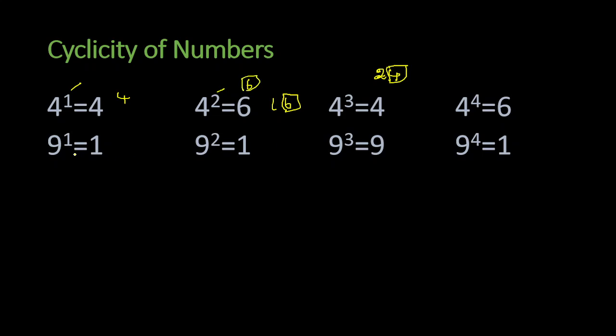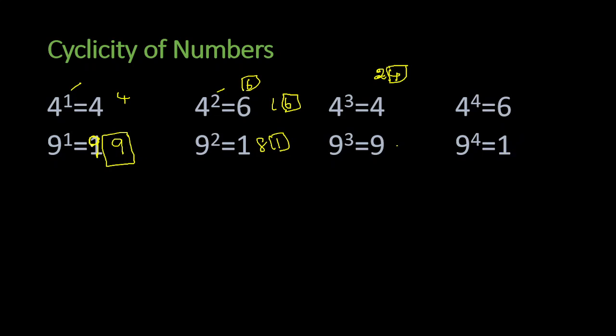And similarly for 9, 9 to the power of 1 is 9 and 9 squared is 81. So I get 1. Here 9 to the power of 3 is again unit digit 9. 9 to the power of 4 is 1.